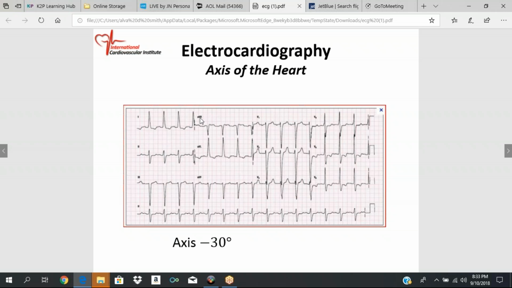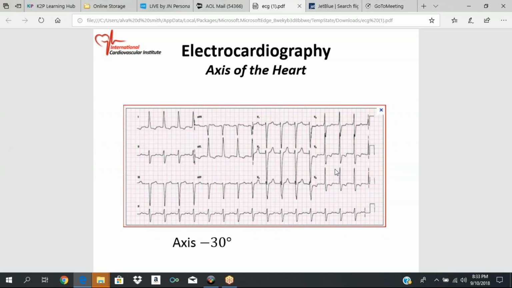The ones with the A in front are the augmented limb leads. The A stands for augmented. And then, of course, these are your chest leads. We already discussed how you put the leads on, where V1, V2, V3, V4, V5, and V6 are located.